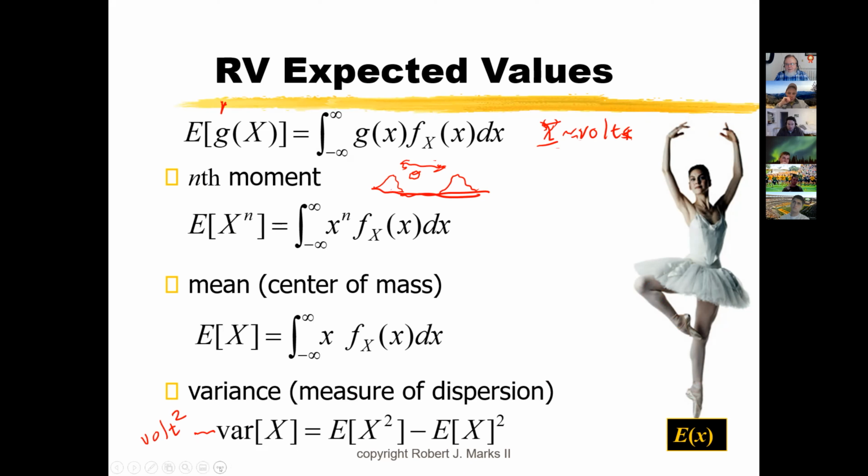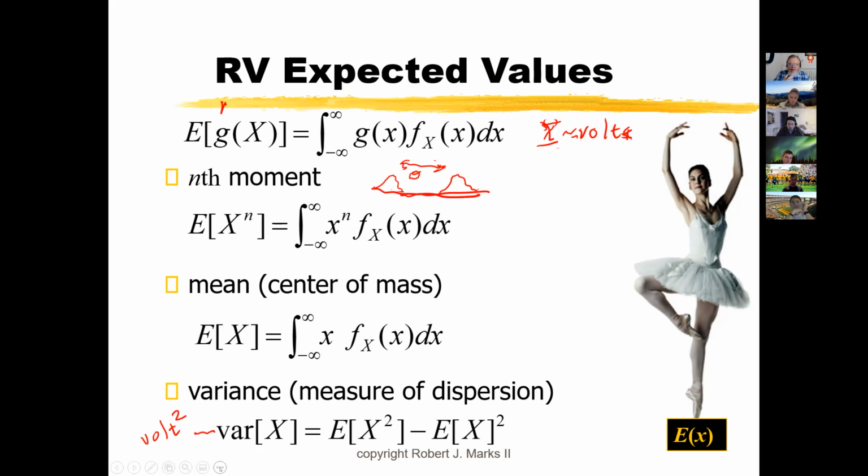The variance is going to have units of square volts, isn't it? So the reason that we use the standard deviation is because it has the same unit as the thing you're measuring. So sigma has, in this case, units of volts. How many volts in terms of the dispersion are we talking about?